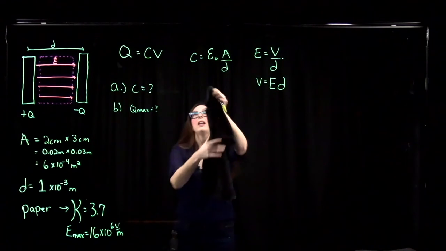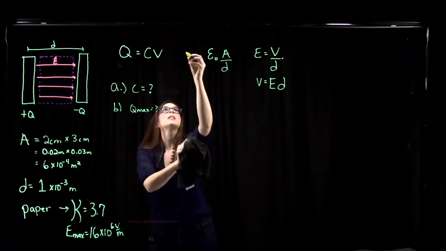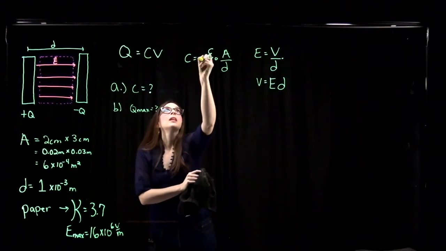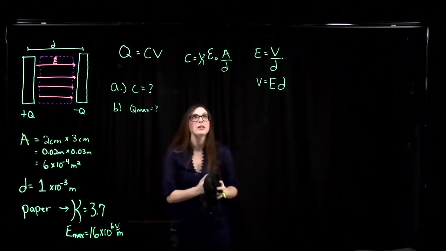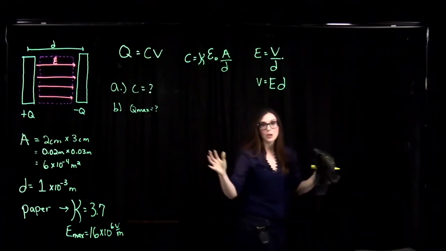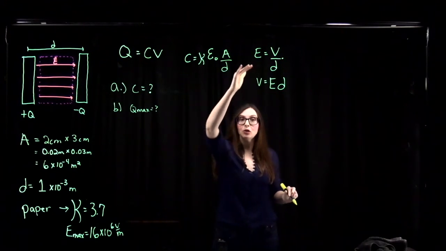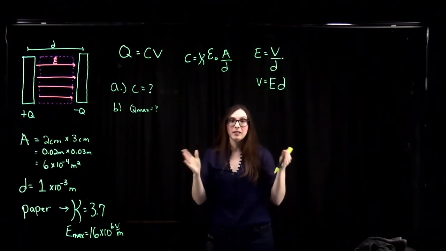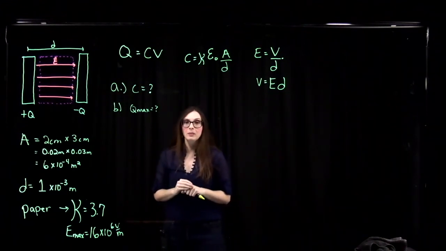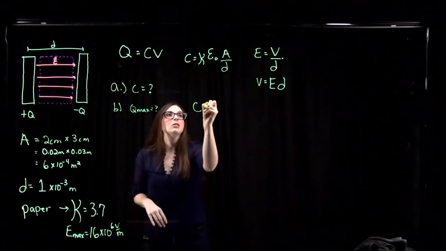So when you have a dielectric inside the capacitor, the capacitance is now equal to the dielectric constant times the permittivity of free space times the area of the plates all over the distance between those plates. And we still have that the electric field inside the capacitor is the potential difference divided by the distance between those plates.